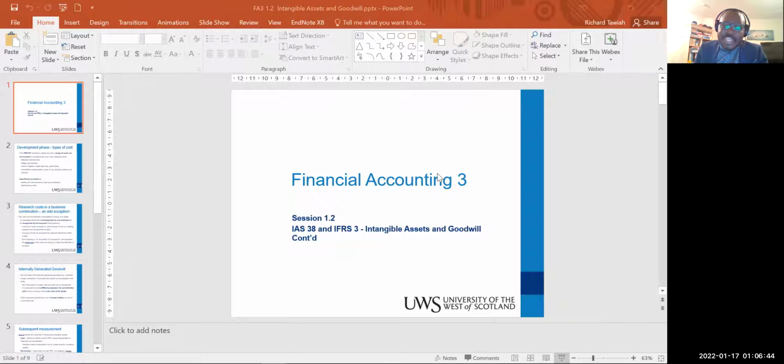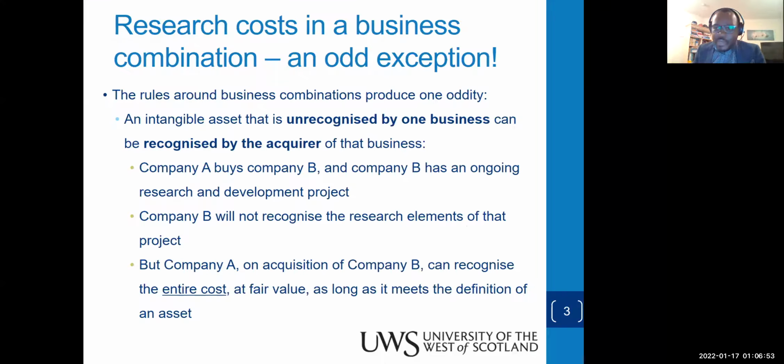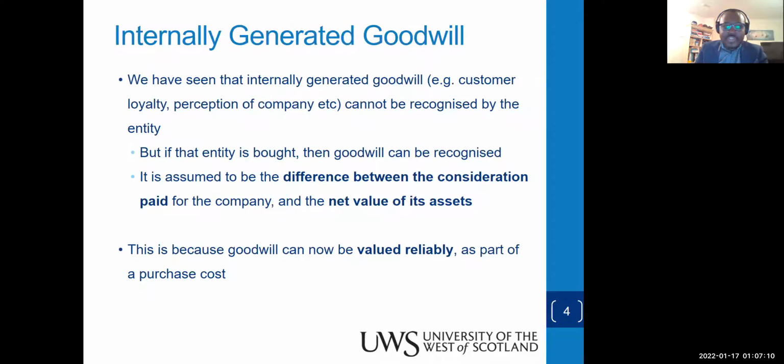It hasn't gotten there. What shows that subsequently this particular research we are recognizing will lead to some development? But that's the rule. The rule is saying that if I am developing it, I'm still researching, I shouldn't recognize it. But if you come and acquire me, you should recognize the research component once you can measure it at fair value and it meets the definition of an asset.